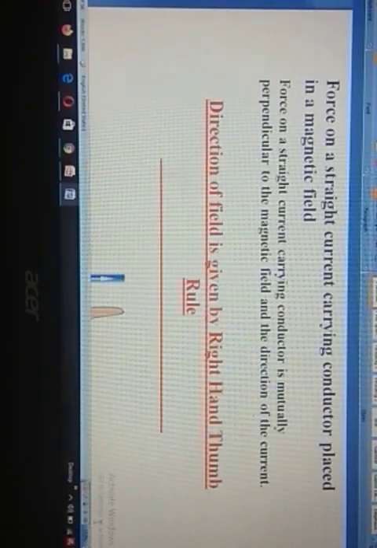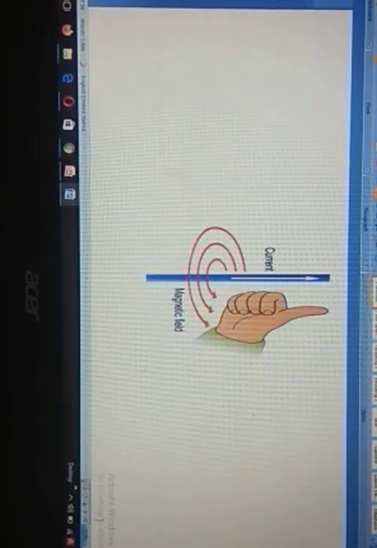So we have to know about it by using a law, that is, the direction of the field is given by the right hand thumb rule. This is a simple method by which we can find out the direction of current as well as the magnetic field lines.